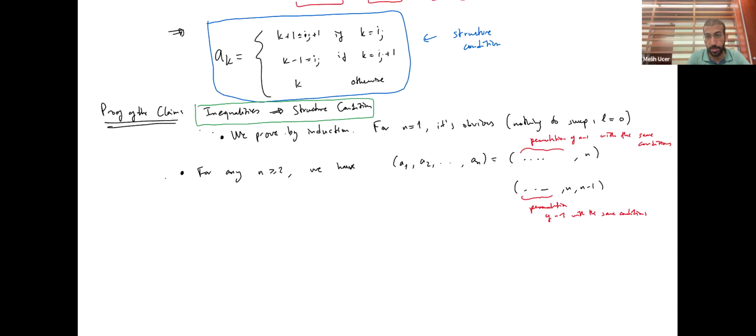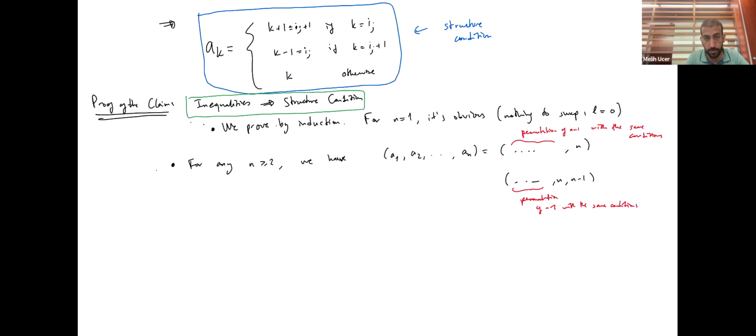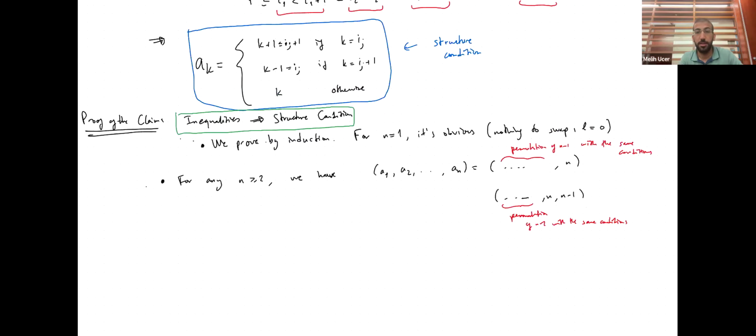Anyway, for inequalities implies the structure, it will be this induction thing, right? Because from the inequalities, we know this. This is our observation 3 coming from the inequalities, and this is our reduction argument. And we see that this part satisfies its own inequalities. So in this part, it has to be just several non-intersecting consecutive pairs that are swapped.